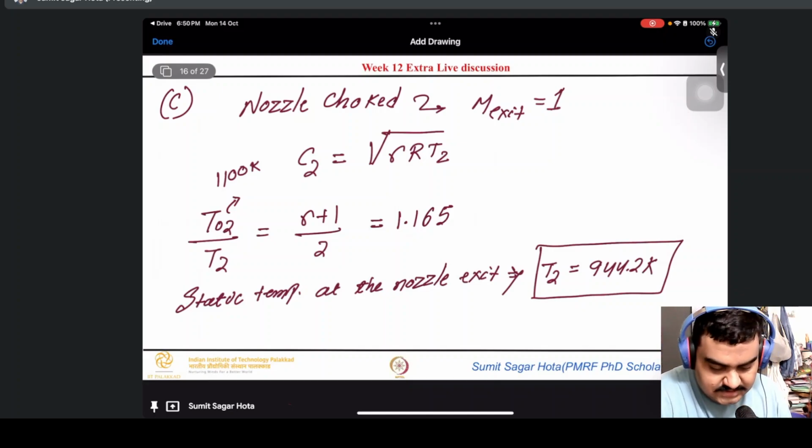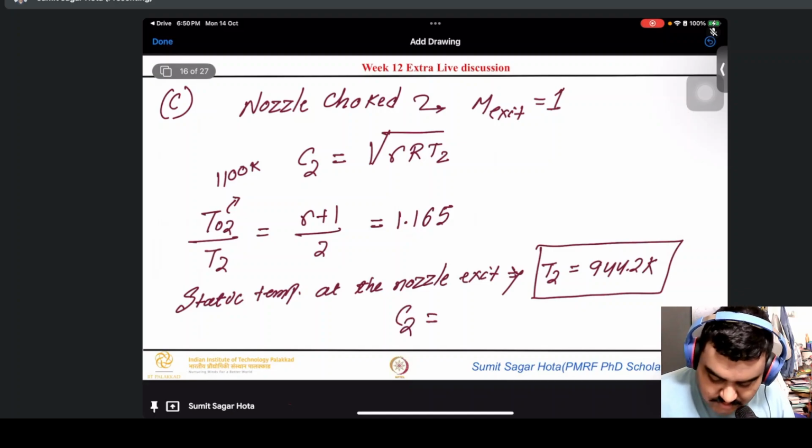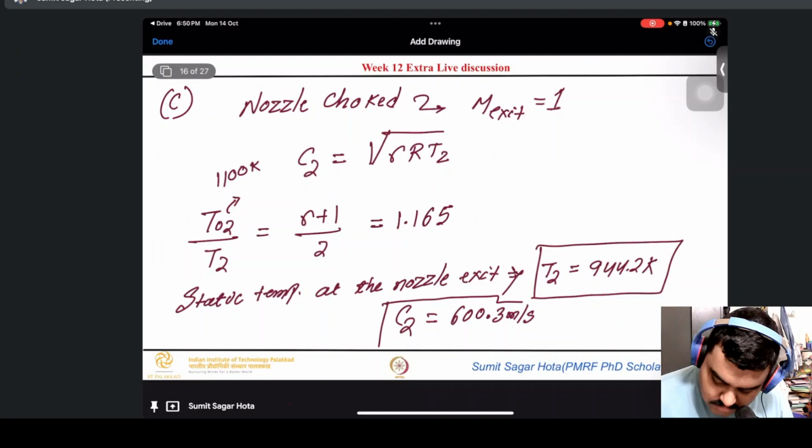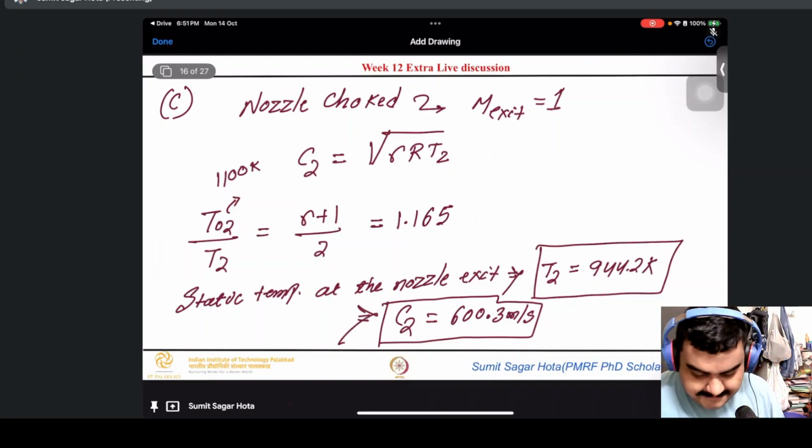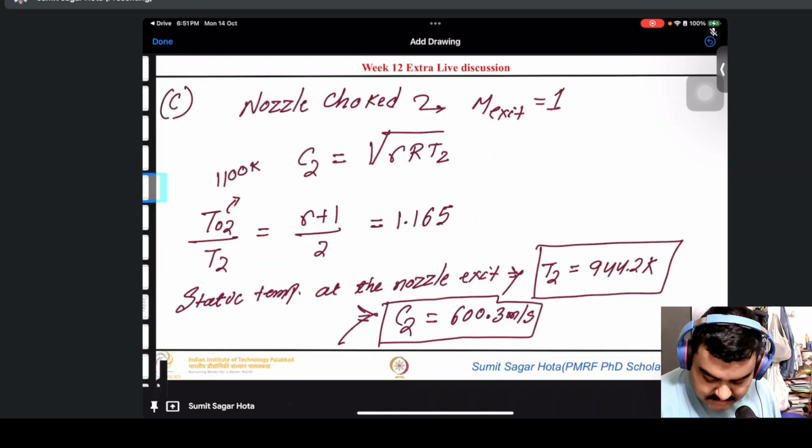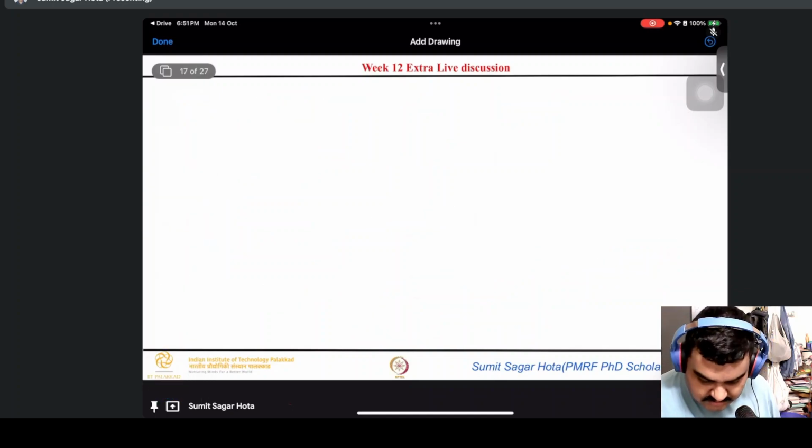So now what is C2? Similarly, you can find C2 as the square root of gamma R T2. It's 600.3 meter per second. Axial velocity: what is the axial velocity?